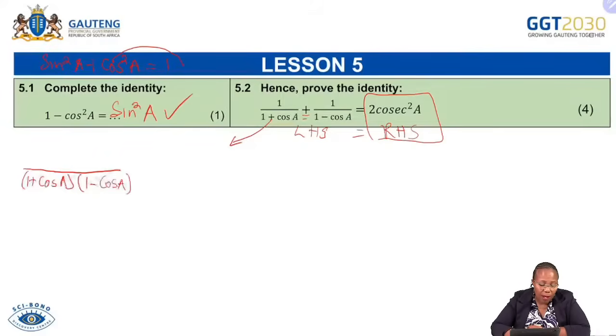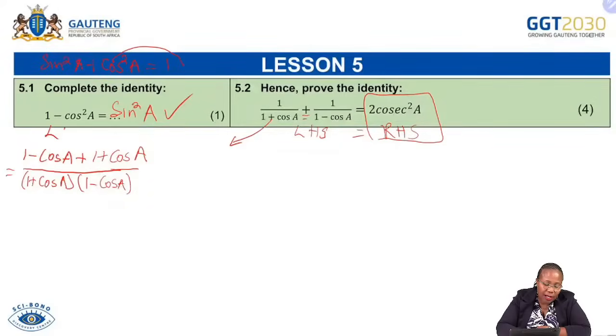And then we use our application now. 1 plus cos A will cancel 1 plus cos A. We are left with 1 minus cos A times 1, which is 1 minus cos A. And then we have a plus in between. And then now 1 minus cos A, 1 minus 1 plus cos A times 1 is 1 plus cos A.